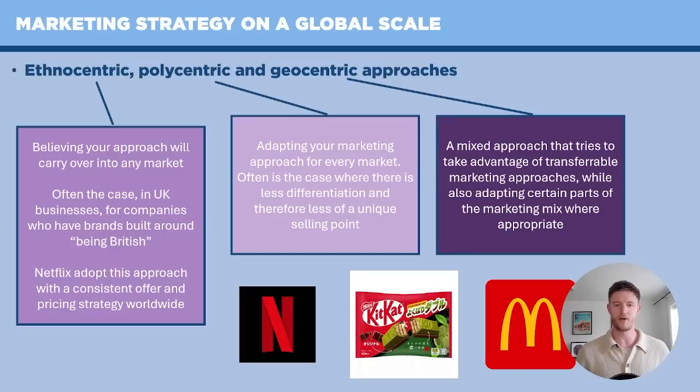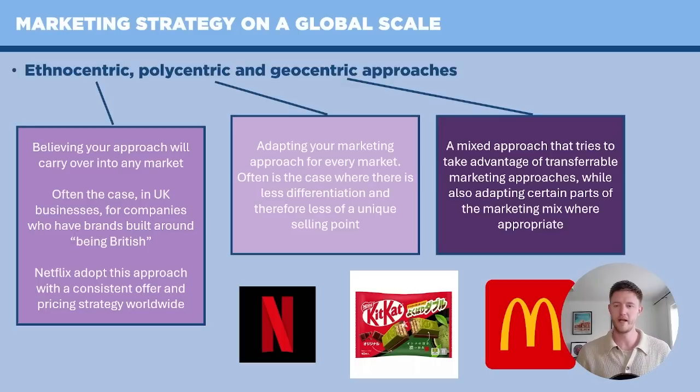Netflix more modernly have adopted this approach too. They have a pretty much consistent offer in that they don't really adapt their range of titles for different countries, and they have a pretty consistent pricing strategy worldwide, despite the fact that obviously incomes are vastly different in different countries. For example, if you take Asia, or Indian movies or Bollywood movies, they do have those, but they typically choose the ones that they think are going to have a more global reach.